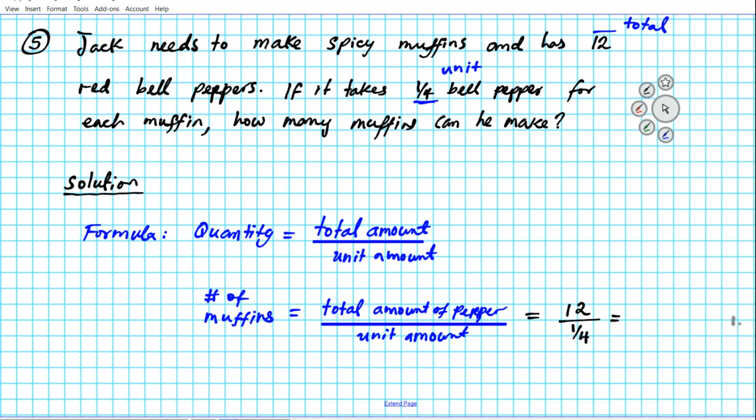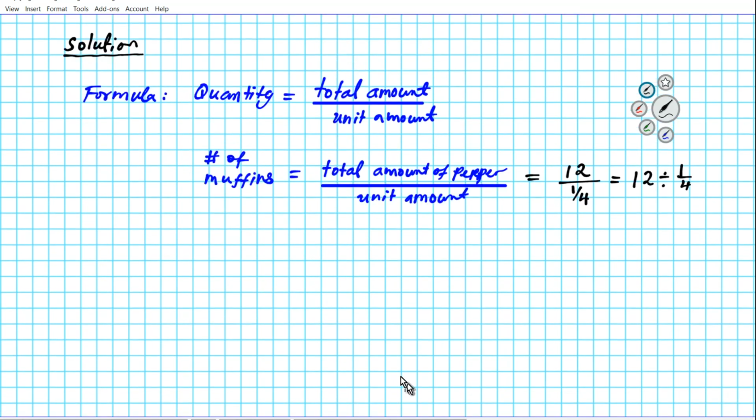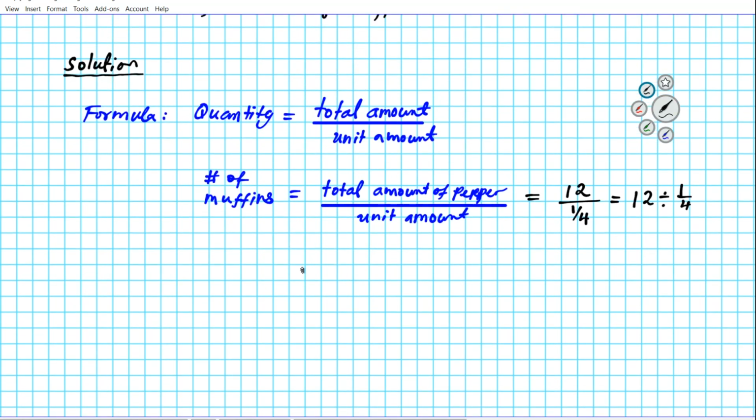So you just write it horizontally, okay? This is the same thing as 12 divided by 1/4. Bam. There you go. So this is the problem we're going to be solving. What is 12 divided by 1/4? And that will give us the answer to the problem.